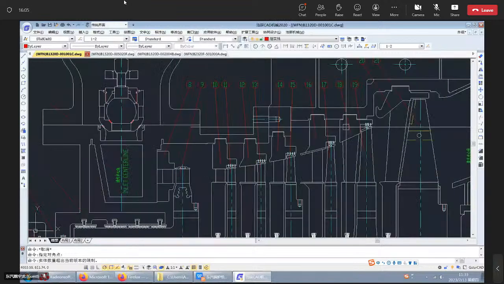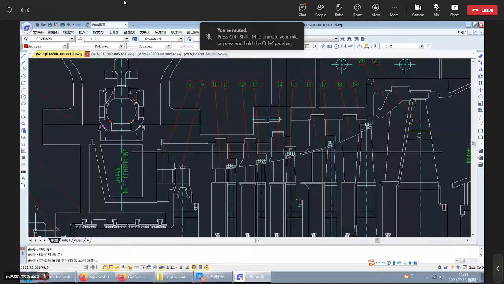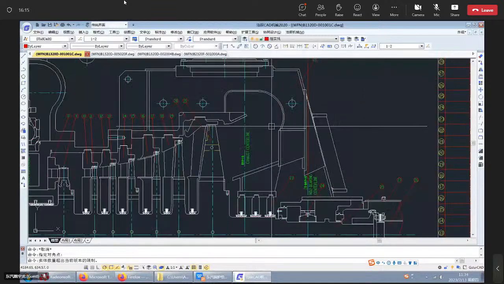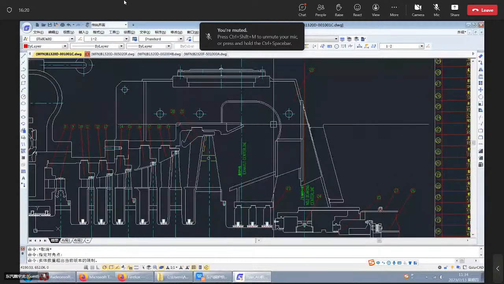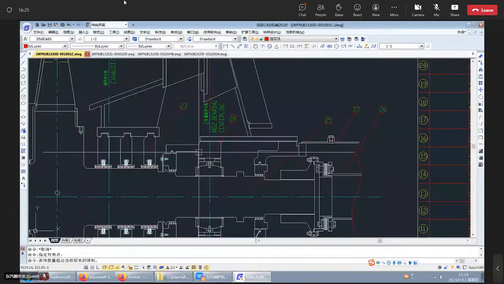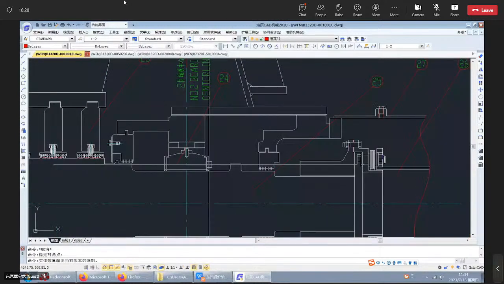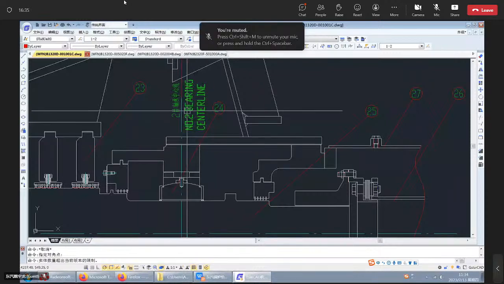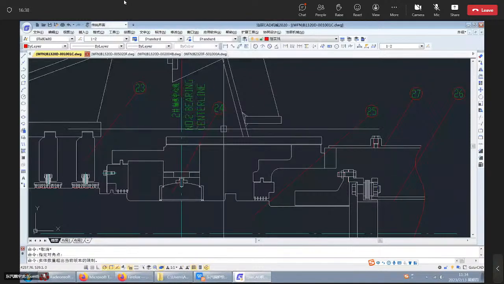In this area are the diaphragms, and this area is the exhaust cylinder. Behind it is the rear supporting bearing.